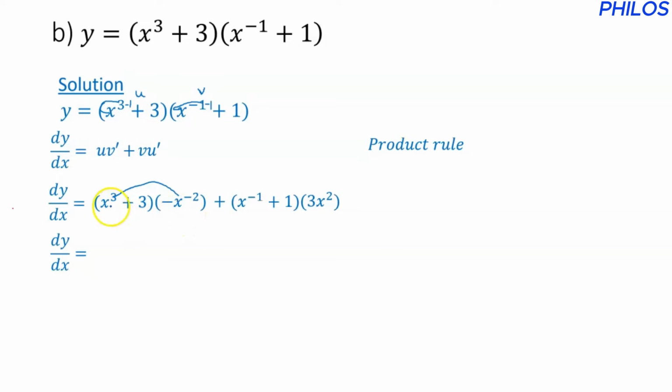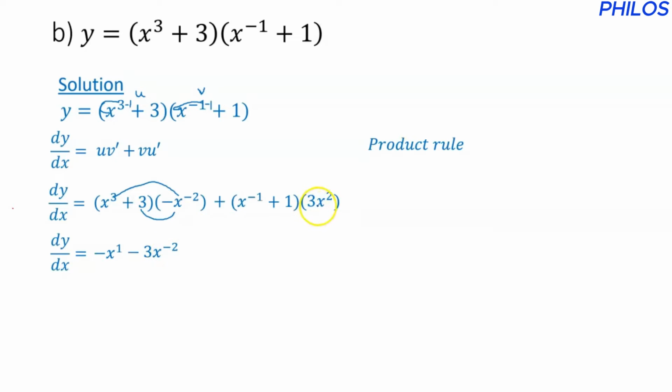When you are multiplying the same base, you should add their exponent. So that will give you negative x exponent 1, because 3 plus negative 2 will give you 3 minus 2, which is 1. And then this 3 also times this should give us negative 3x exponent negative 2.